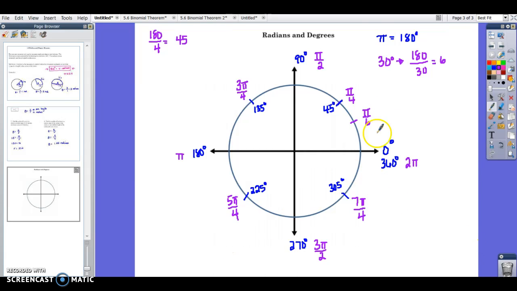Okay, so that would be 30 degrees. Then I'd have 60 degrees. Right, that would be another 30, then another 30 would bring me to 90, and then another 30 would be 120 degrees, and then another 30 would be 150 degrees, and then another 30 would be 180, and then I'd have 210 degrees, and then I'd have 240, and then I have 270, and then I have 300, and then I have 330, and then I have 360.